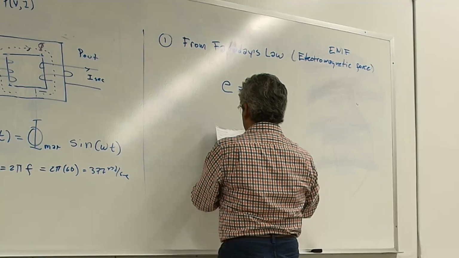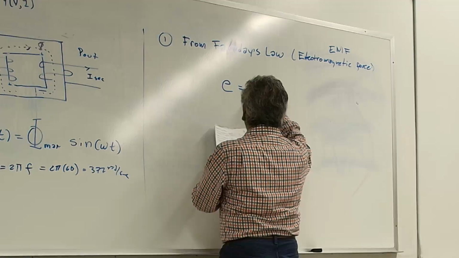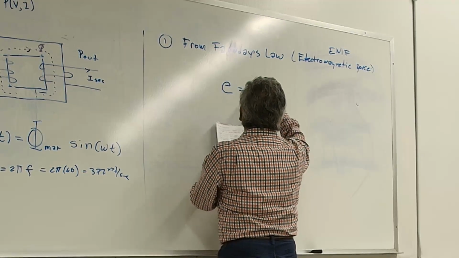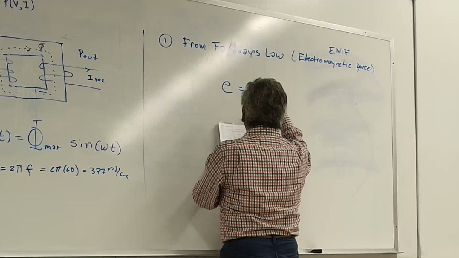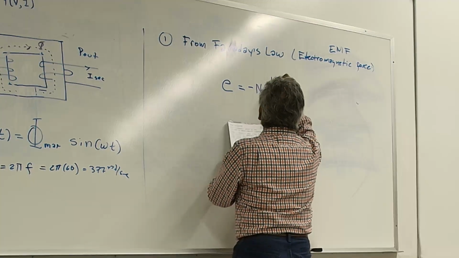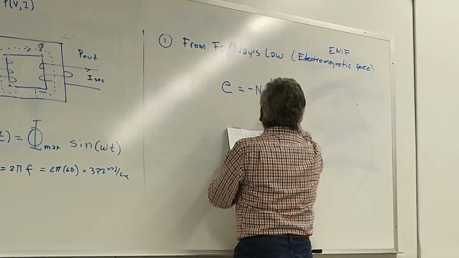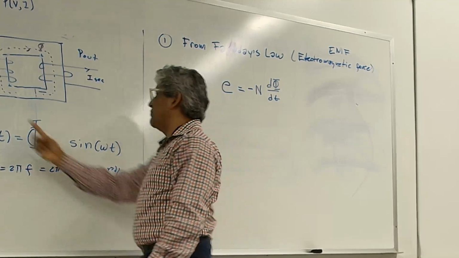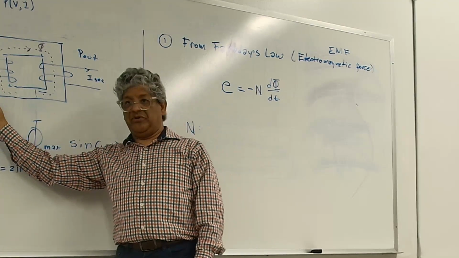Some equations will have the negative, some equations don't have it. I'll explain what this negative means, but E, or the electromotive force, or EMF, is equal to minus N dφ/dt, where N is the number of turns of the copper.